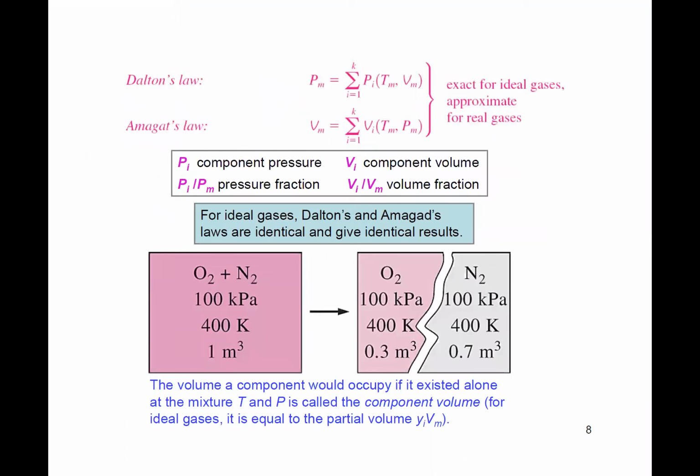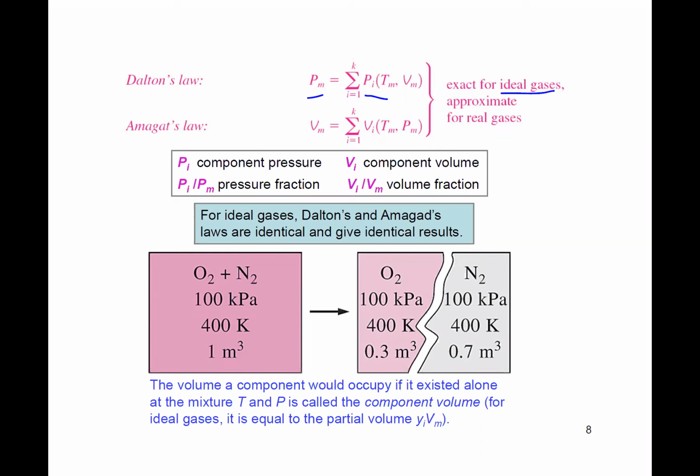We talked about Dalton's law and Amagat's law, so basically for ideal gases, Dalton's law is where you sum up the pressures of the individual components to get the mixture pressure.